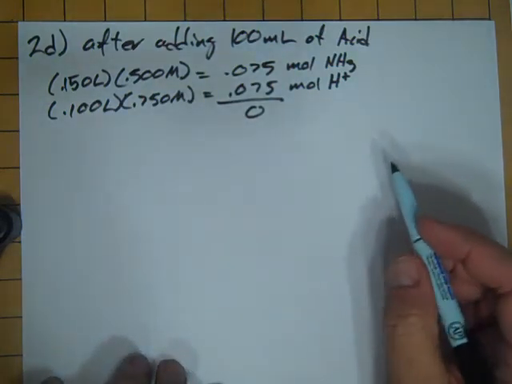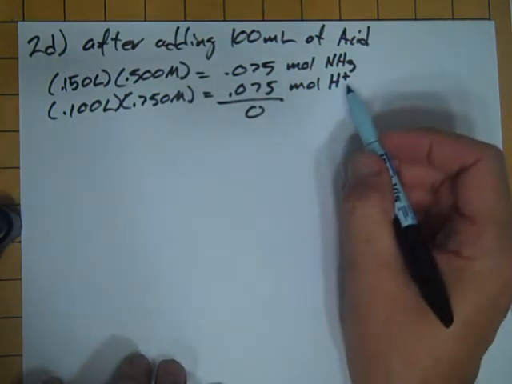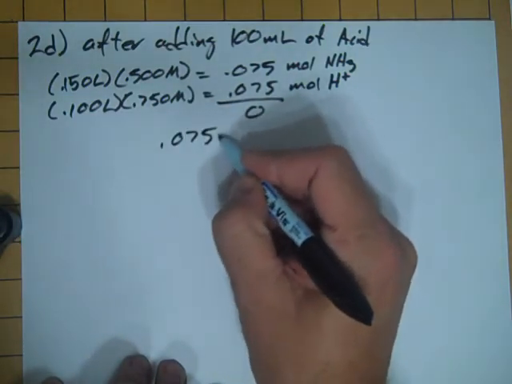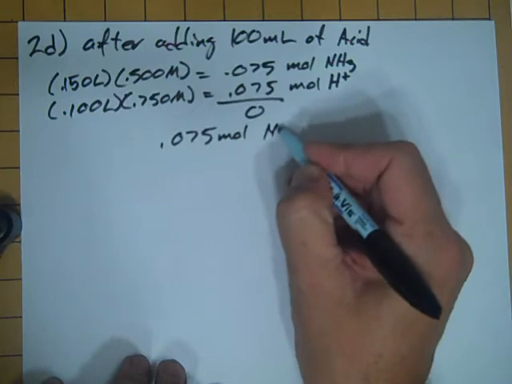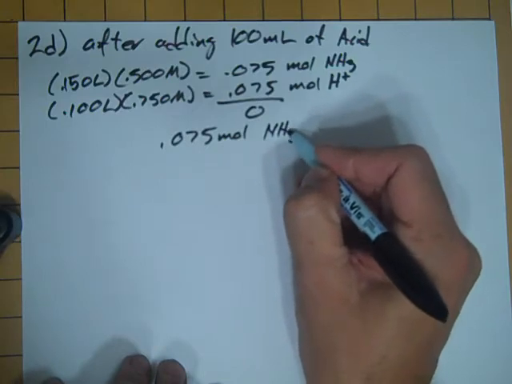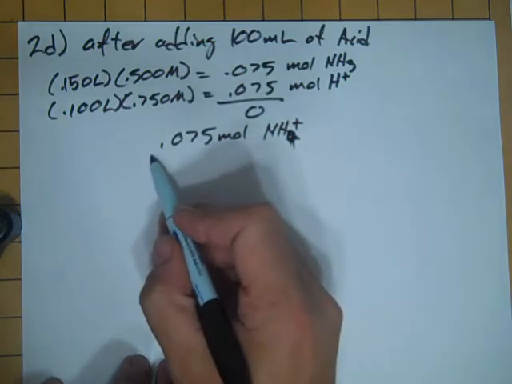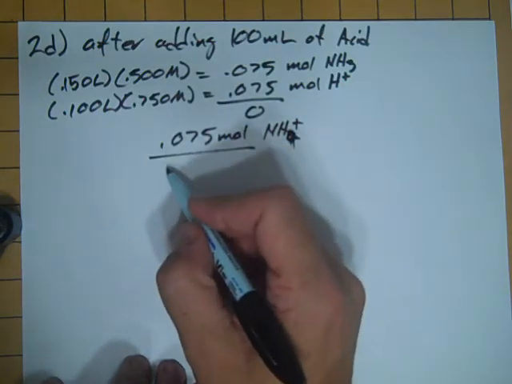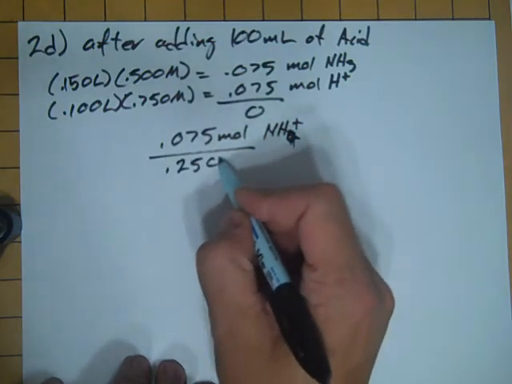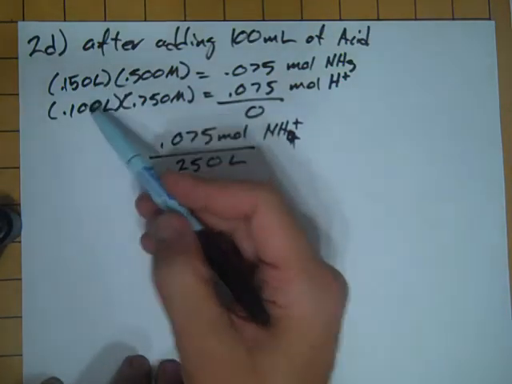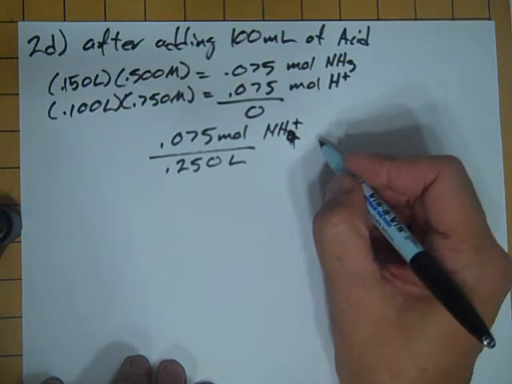So what does it mean when I've turned them all into NH4? It means that I have 0.075 moles of NH4 plus, and I have that in 0.250 liters. That's my total volume, all added together.